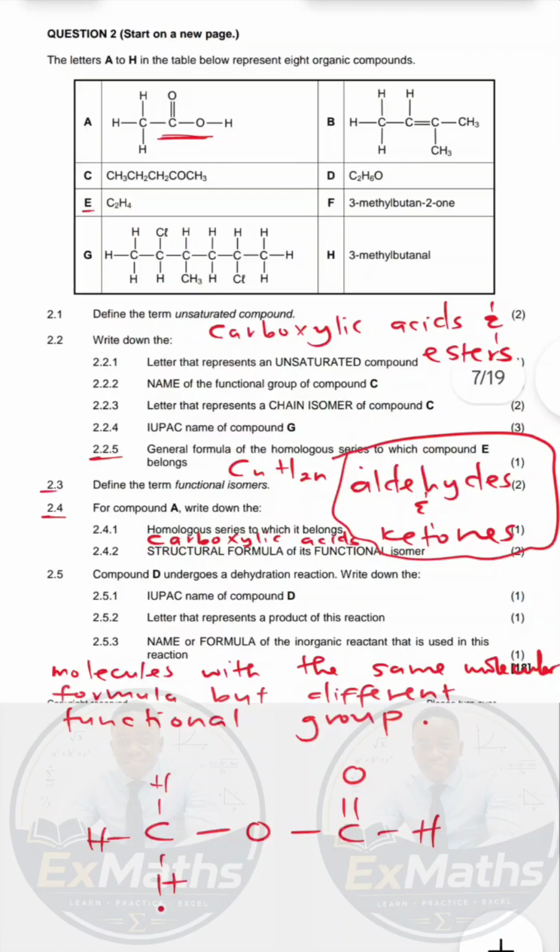In case you may need to know how to name this ester, it's derived from this alcohol side, this side without a double bond. And the side with a double bond is our carboxylic acid side. So this is methanoate. I'll do a video on how to name these esters in detail.